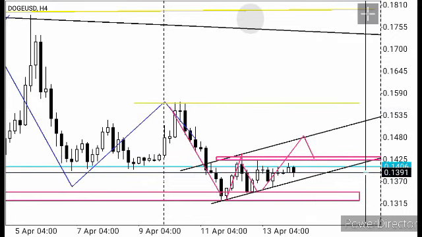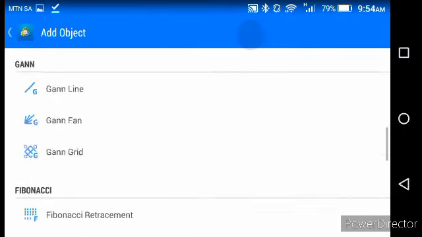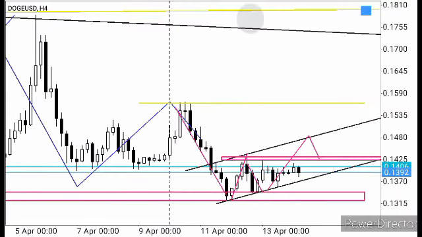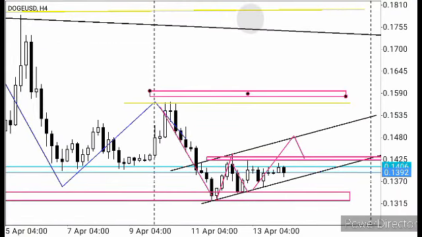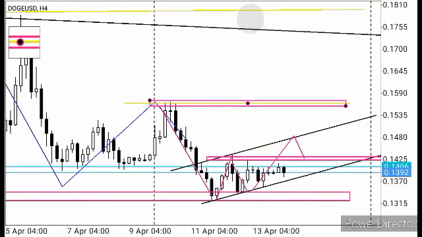Once I get here, I can also start looking for possible selling opportunities once I get to this level here, or once price gets to this level here. I would start looking for possible selling opportunities, right?